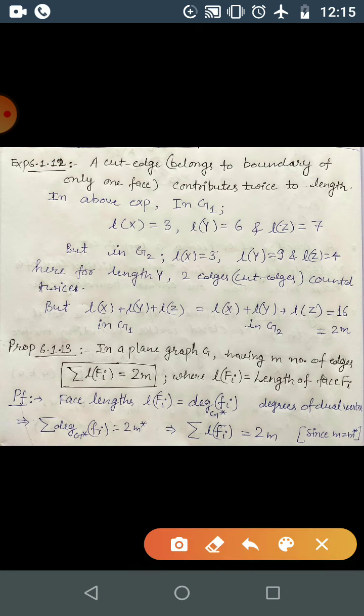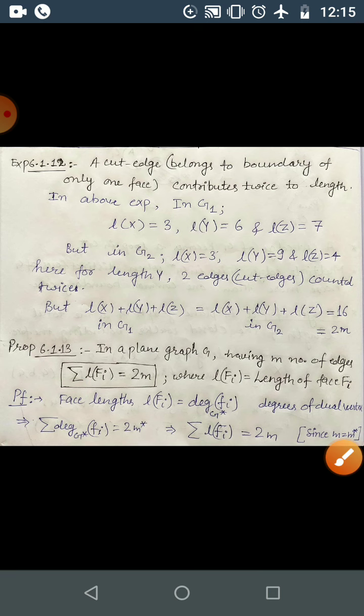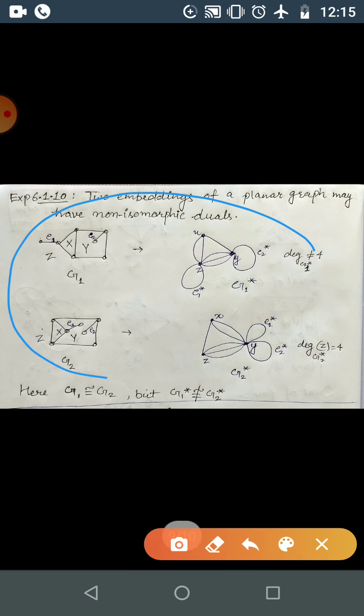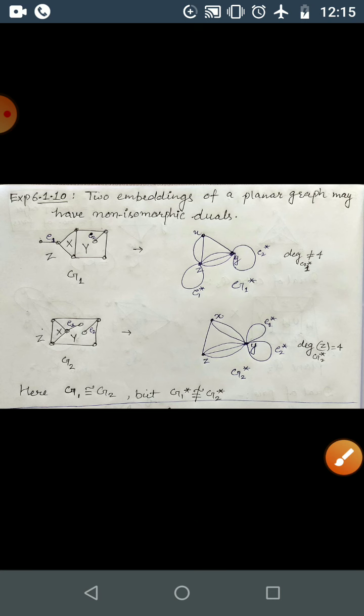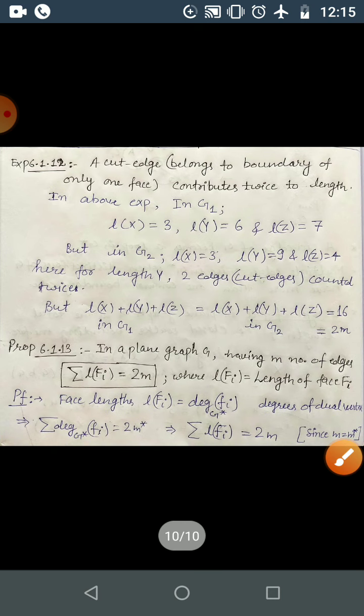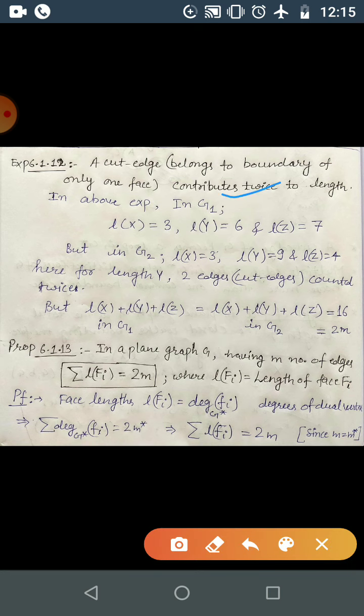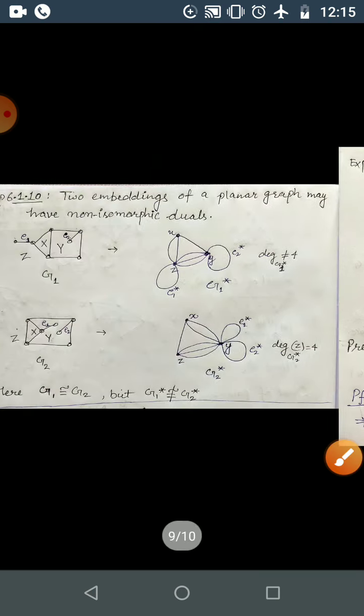How? In the last example, you can see in case of G1, the length of x is 3, the length of face y is 6, and the length of face z is 7. How?